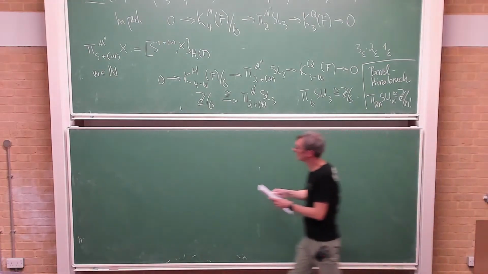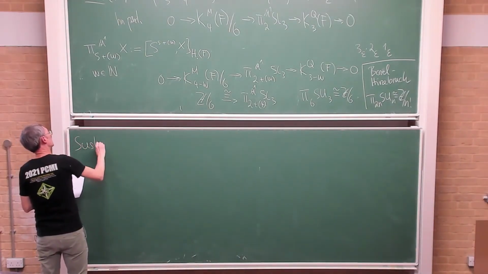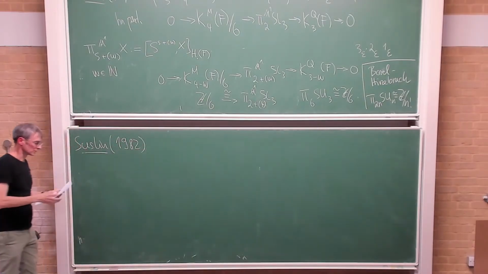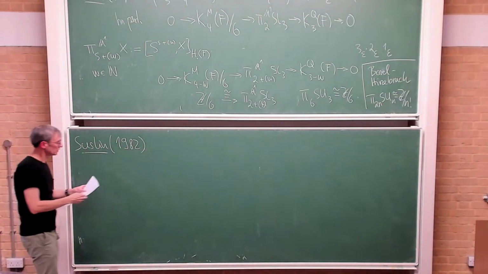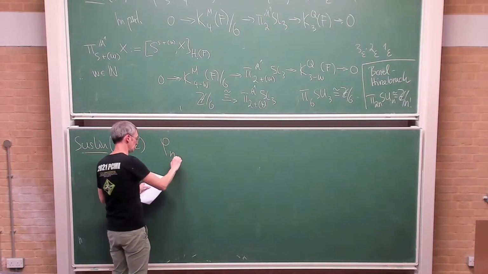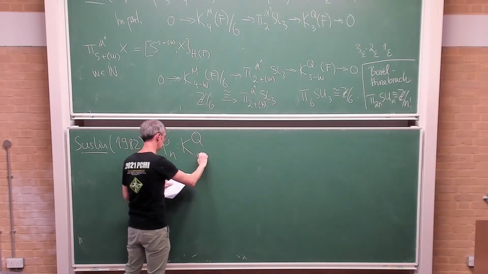So now there's a paper by Suslin, and in it he constructs a homomorphism. The attempt was, and still is, to understand what these algebraic K groups really are.